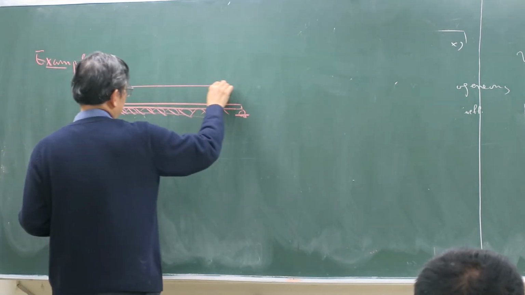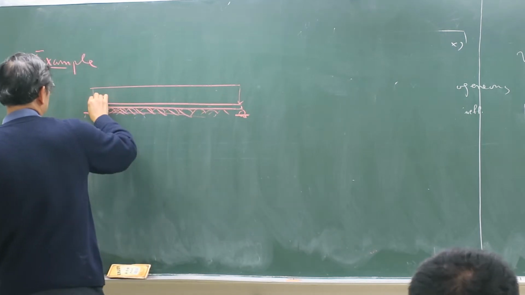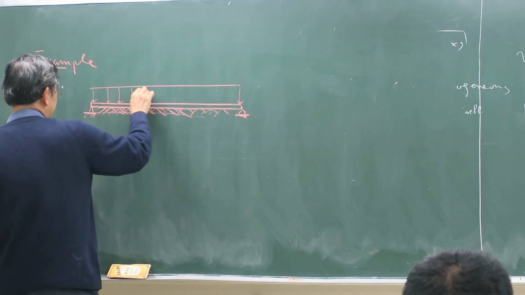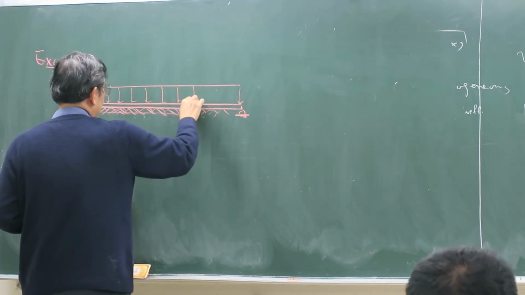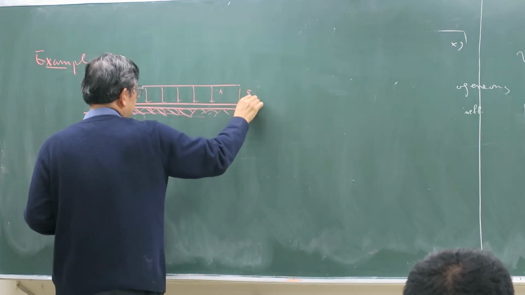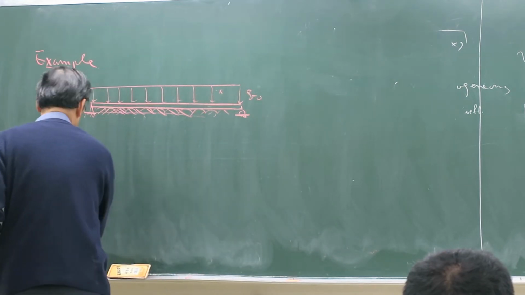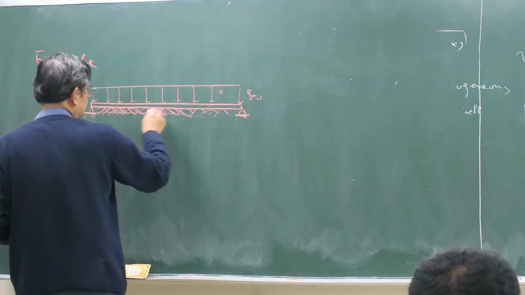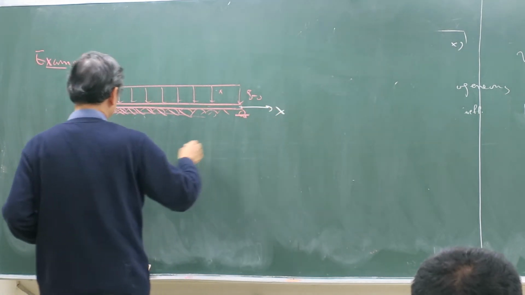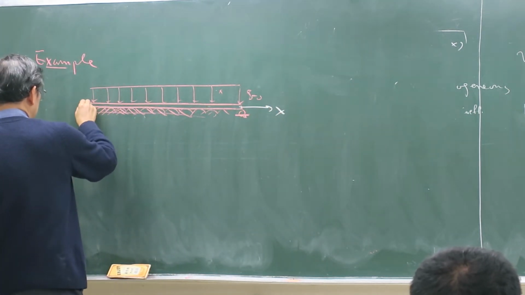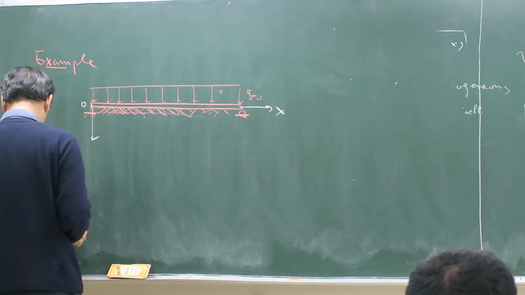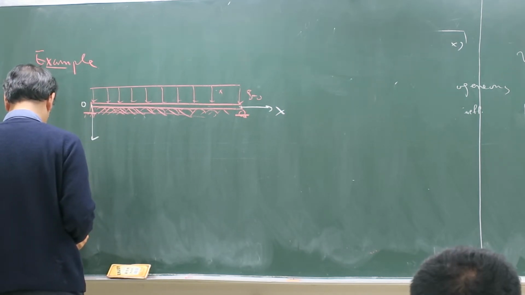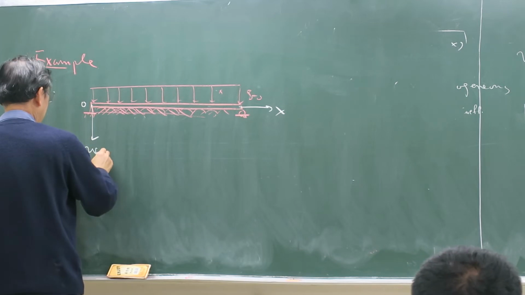And it's under constant uniform loading Q0. Okay? And the coordinate X is 0 here. And we have a W, okay?